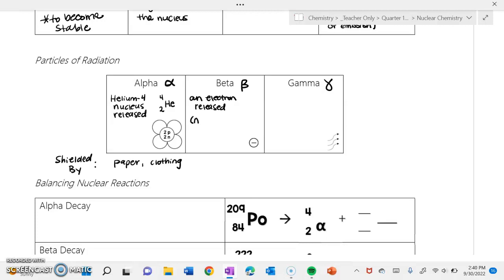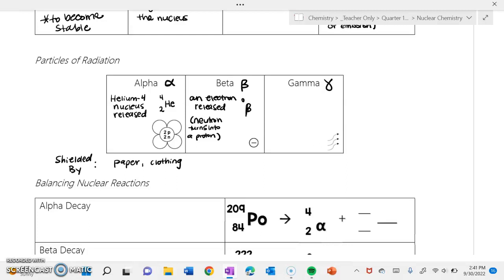Because a neutron turns into a proton. Yes, that is possible in a nuclear reaction. Who would have thought? Kind of cool. And the nuclear symbol for beta is also kind of funky. It is an electron, so it has no mass, as we've talked about before, so that's 0 for its mass number.